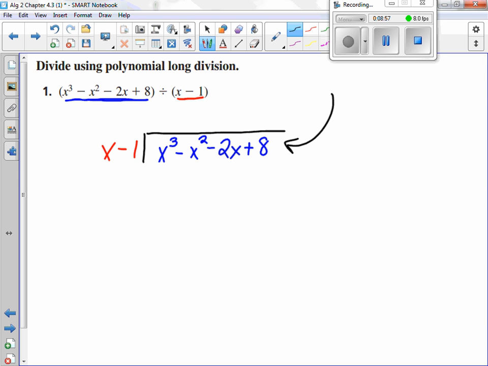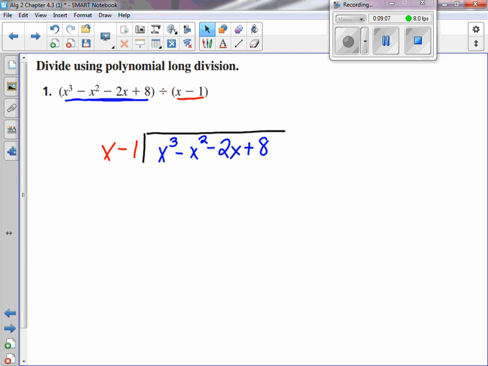We want to get it so we can't divide anymore. Now, to do that, I want the first term to cancel. I want to see how I can cancel out the first term. Well, to cancel out x cubed, I would need to be able to subtract x cubed from it, yes? Because x cubed minus x cubed would give us what? 0, yes? Anything subtracted from itself is 0, yes?